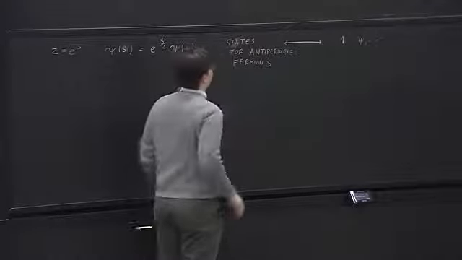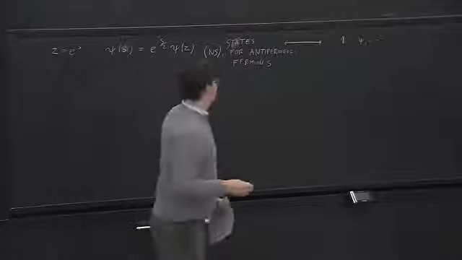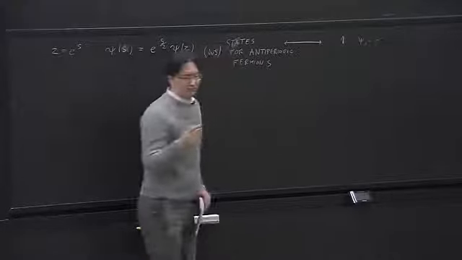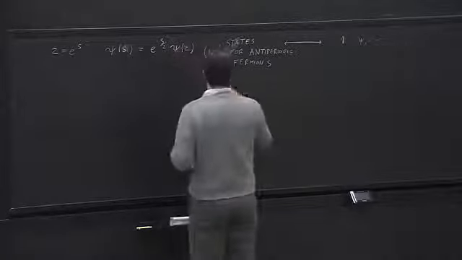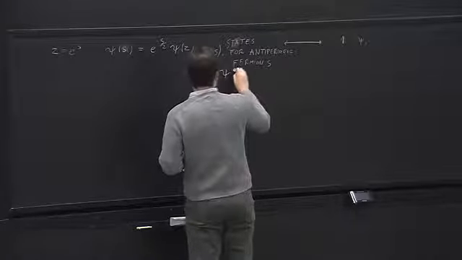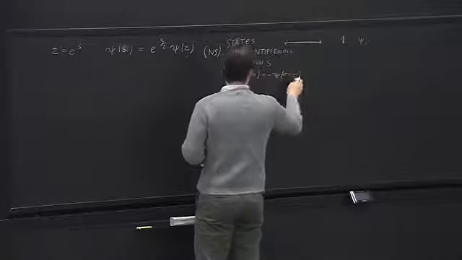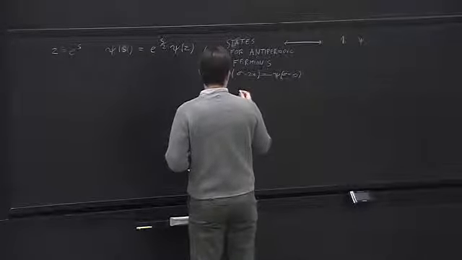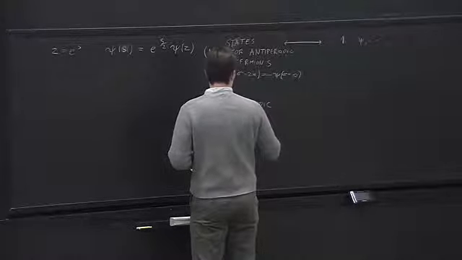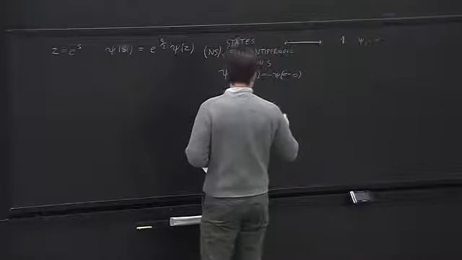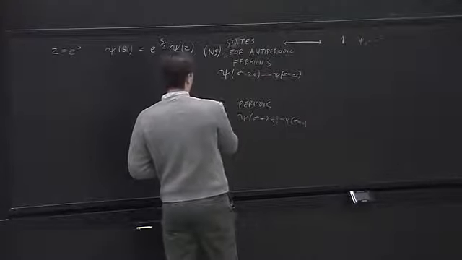This sector of the Hilbert space is called the NS sector. Conversely, if you want to study states which seem to be more normal, which leave your fermion periodic around the circle, so that psi of sigma equals 2 pi equals psi of sigma equals 0, that is called the Ramond sector.